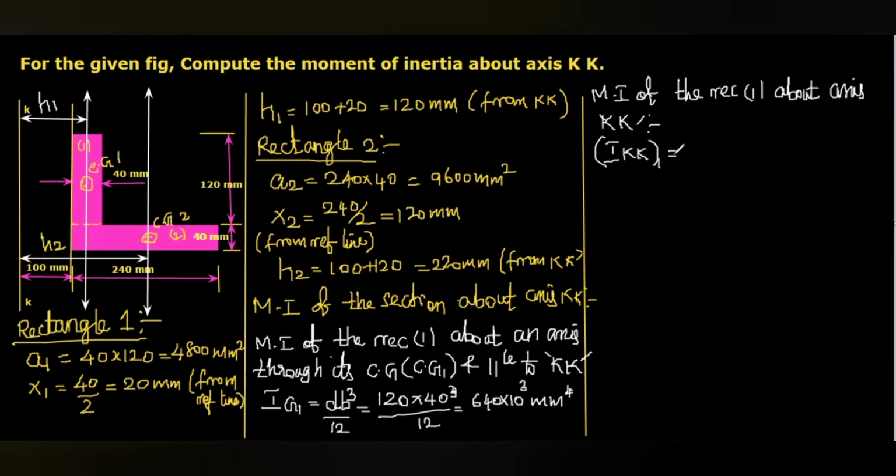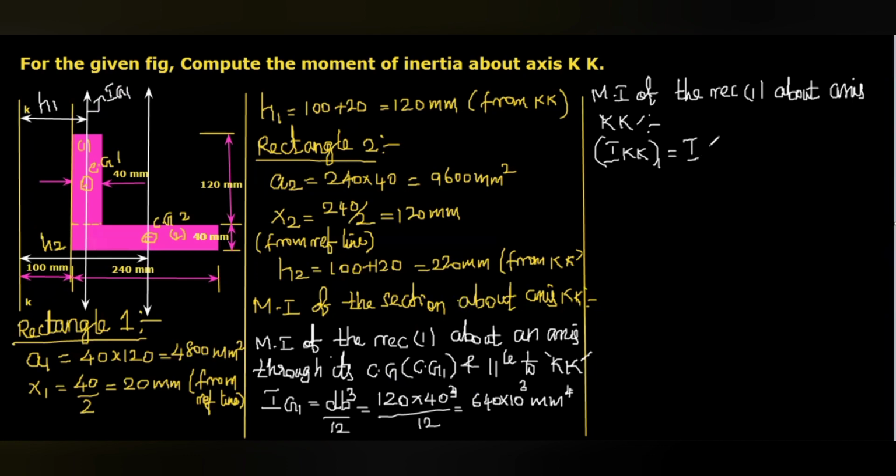We can use the parallel axis theorem. The moment of inertia about this axis that we calculated as IG1, so about this axis for the first rectangle, IG1 plus A1 H1 square.